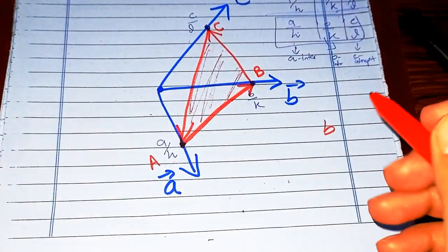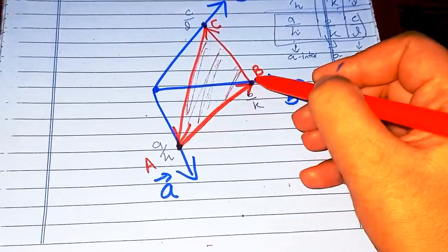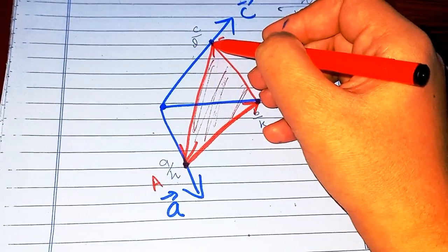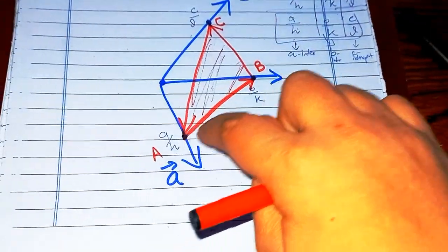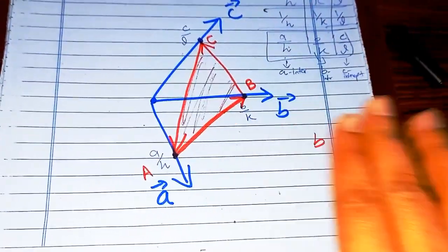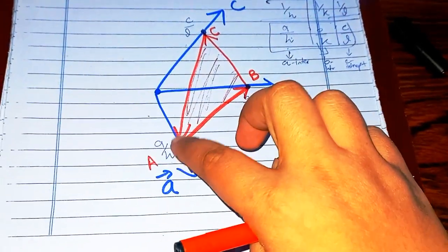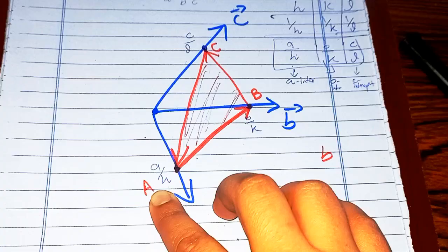This is vector AB, one of the vectors of the plane. BC is another vector of the plane, and CA is another. Order doesn't matter, you can call it BA, AC, or CB. These three lines represent the plane.